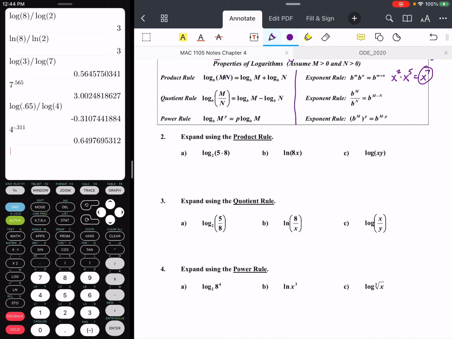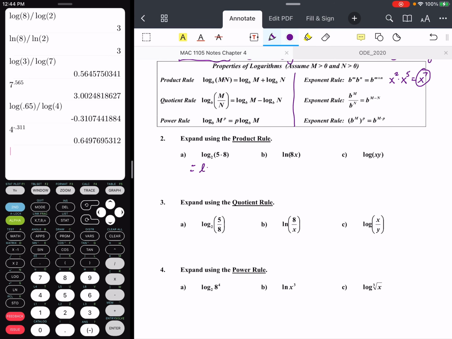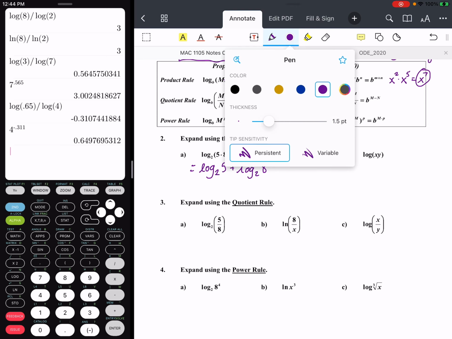All right, so in number 2, let's just skip down here and apply this. It says expand using the product rule. So we have log base 2 of 5 times 8. Using the product rule, I can expand this into log base 2 of 5 plus log base 2 of 8. And the only additional thing that we need to do is, notice that we've got log base 2 of 8.